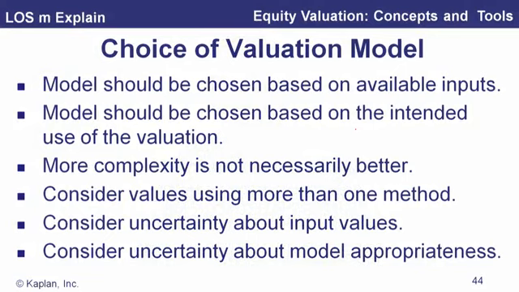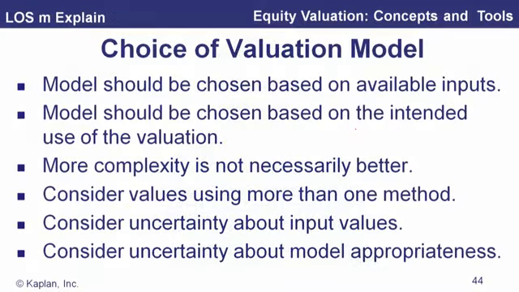Why can't we look at the relative valuation across four metrics? Well, we can. You should consider values using more than one method. And when they differ, start to wonder and inquire and do some analysis to determine why. Why is this firm cheap on a price-to-sales basis but seems expensive on a price-to-earnings basis?